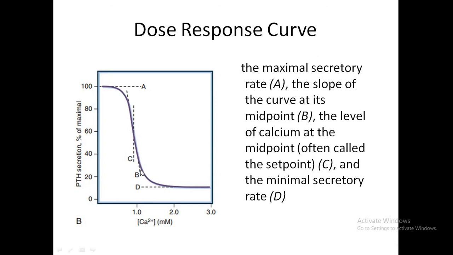Whereas PTH suppression, when there is hypercalcemia or when the calcium is going towards the upper side, is almost flat.